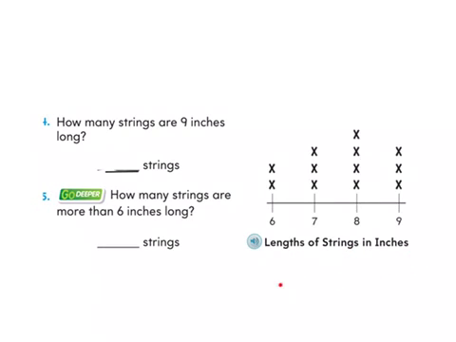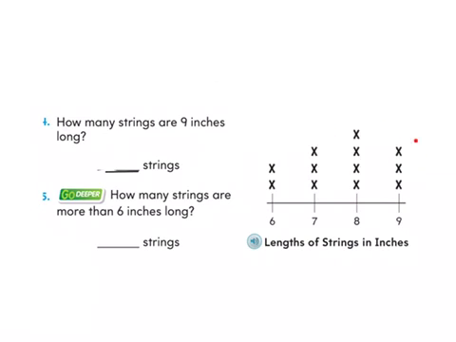So there's an amount of strings, and each X represents a string. So that means there are 1, 2, 3, 4, 5, 6, 7, 8, 9, 10, 11, 12 strings.